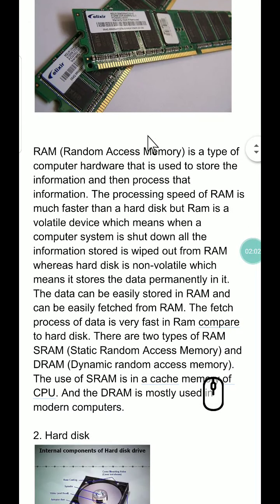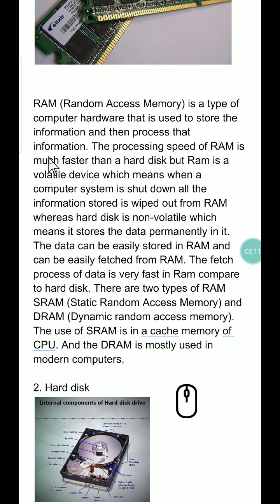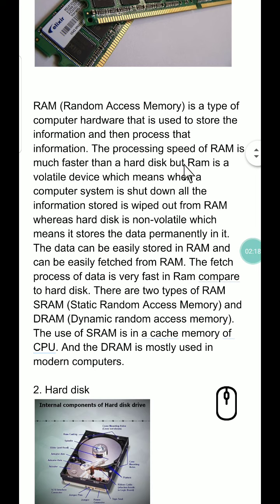So this is a type of computer hardware that is used to store information and then process that information. The processing speed of RAM is much faster than that of the hard disk. We're going to see a hard disk as an example of hardware.